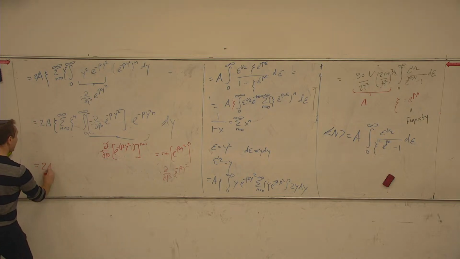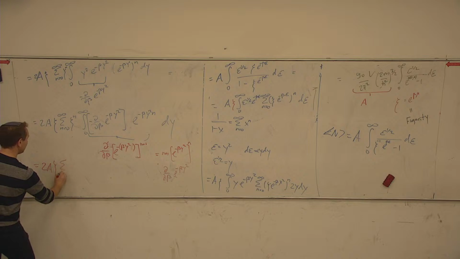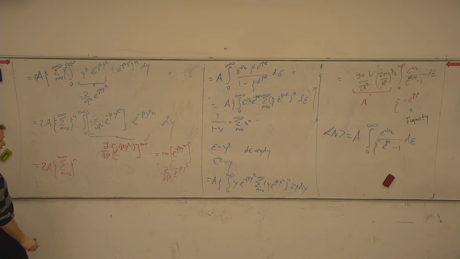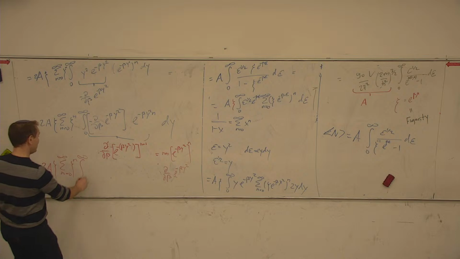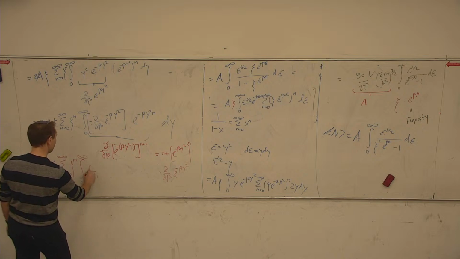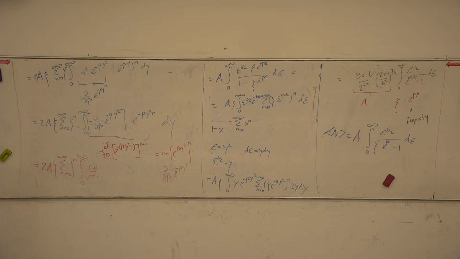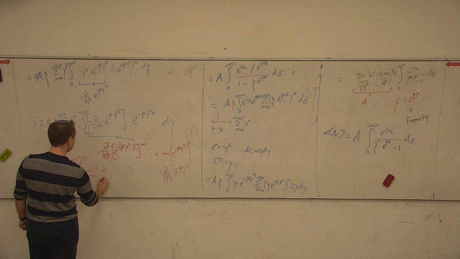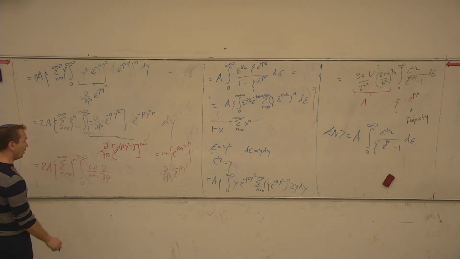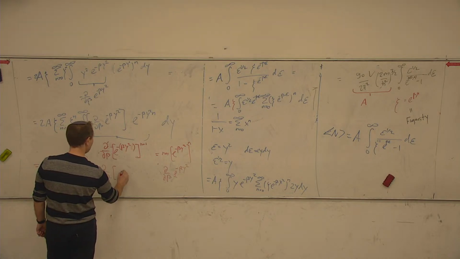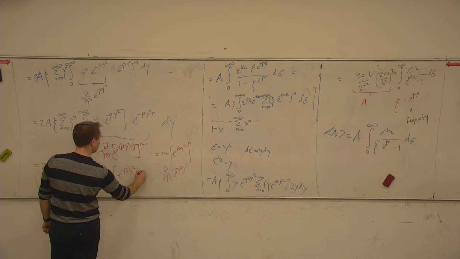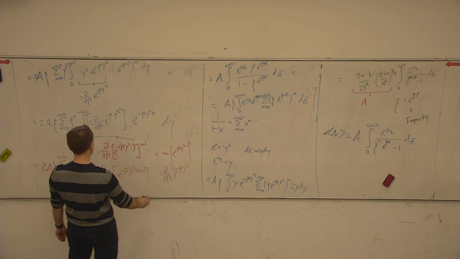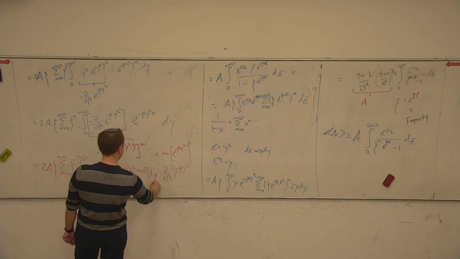So it is 2 times the fugacity, a sum from 0 to infinity, fugacity to the power of n, an integral from 0 to infinity of 1 over n plus 1 with a sign of minus 1, d over d beta of e to the power minus beta y squared to the power n plus 1, dy.